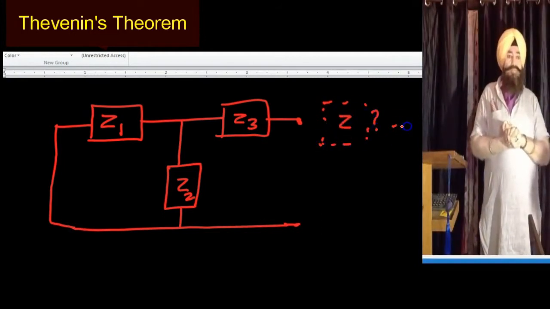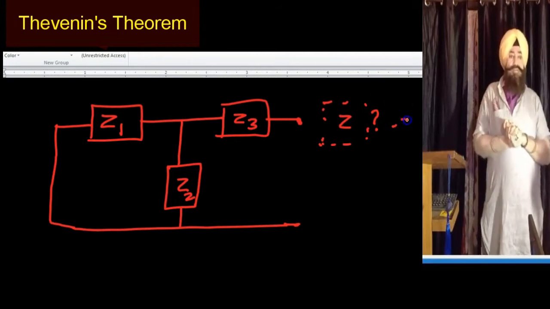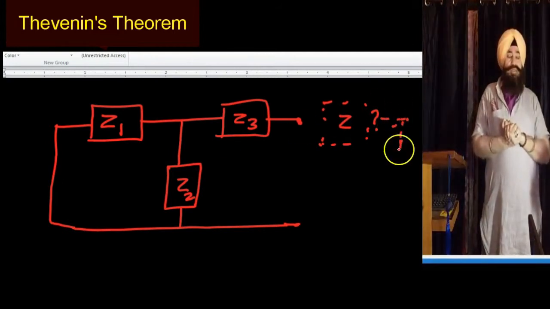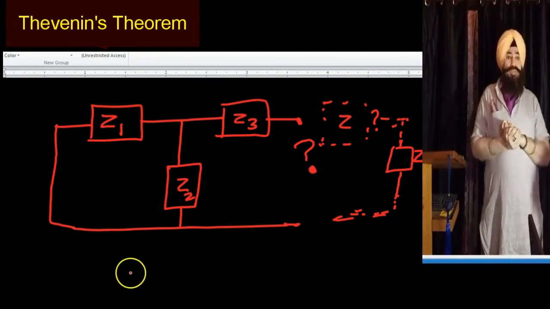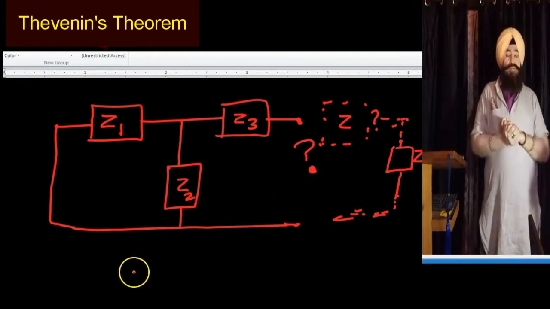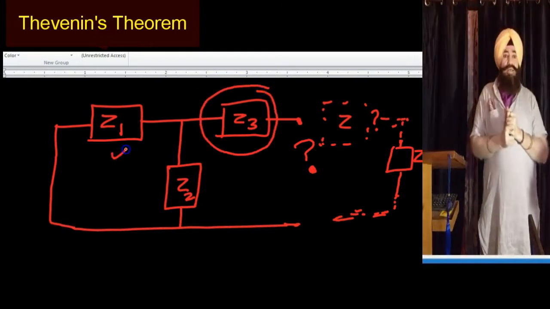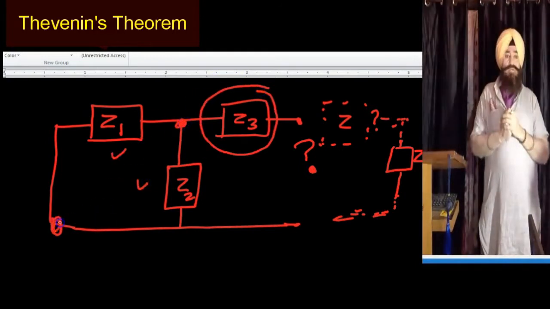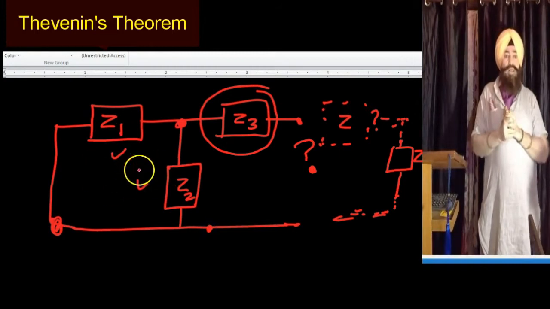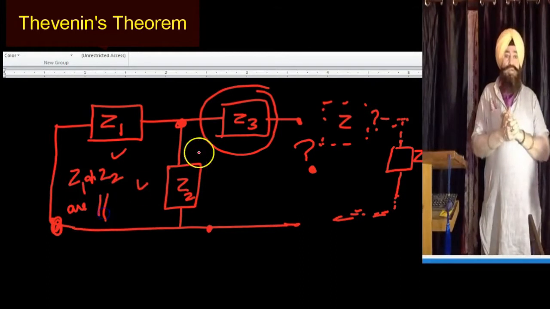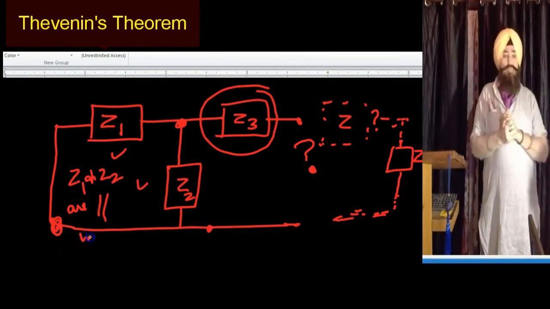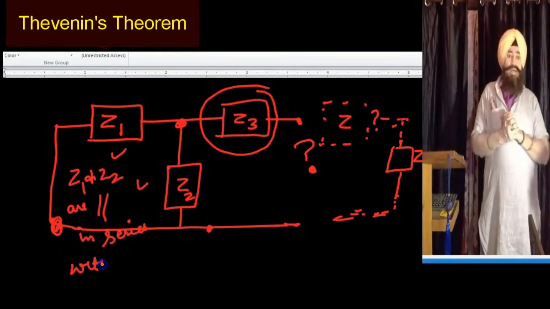Now here that is the impedance Z. Z we have to find. Okay, which is in the box, dots, and this is ZL. So Z, what is the value of Z? Just see now Z1 and Z2 are coming in parallel, and then they are in series with Z3.